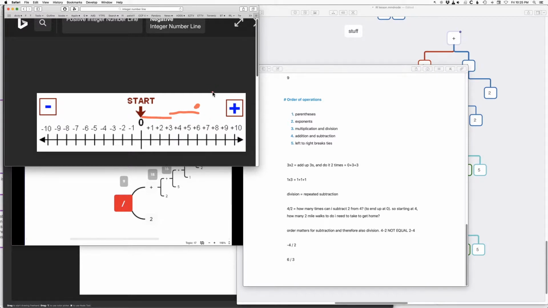Yes. Okay, and then what is the answer to the division problem? So what is division? I think it's 2, but I'm trying to figure out why it's 2.